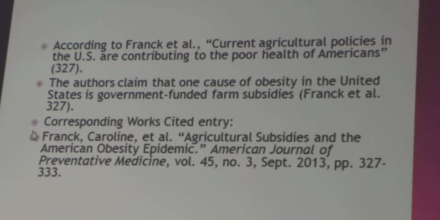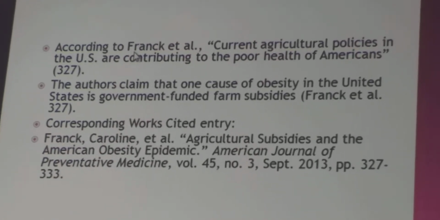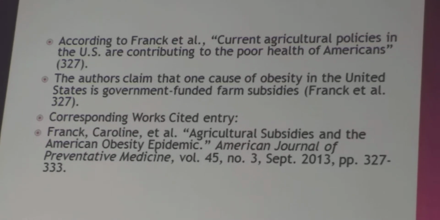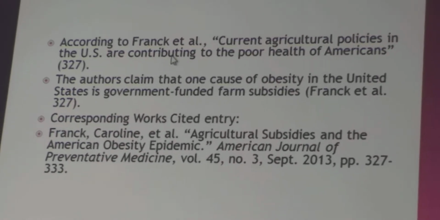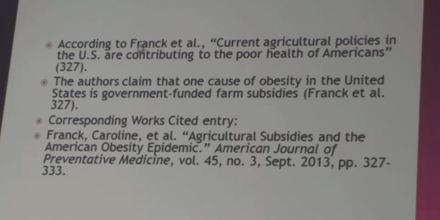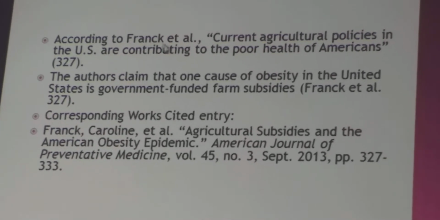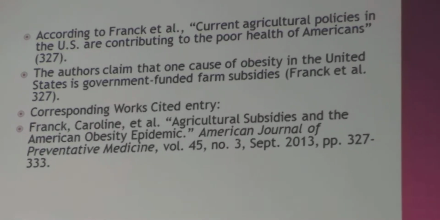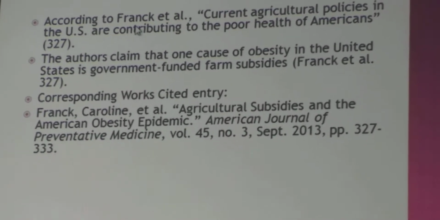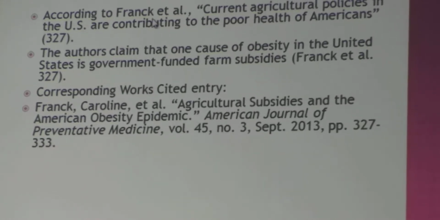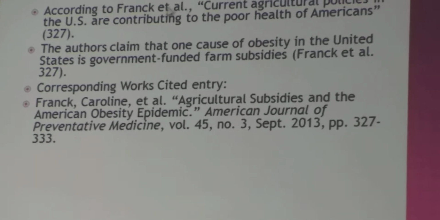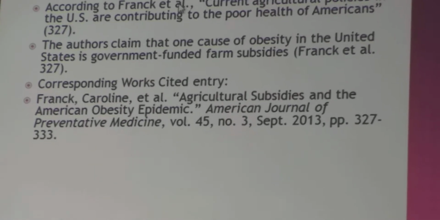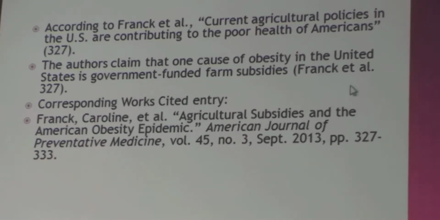Whereas in MLA, use it whether they are 3 or 4 or 5. So at the first mention you use et al., but in APA use et al. for the first mention when they are more than 5. When they are 3 authors, you should mention the 3 authors' names for the first mention. For the second mention, you replace the second and third authors' names with et al. Okay, as you can see here.